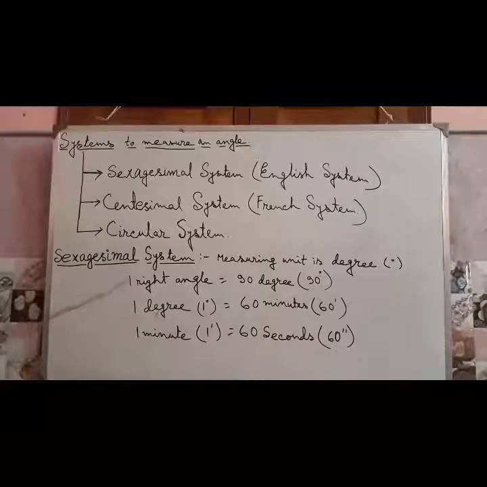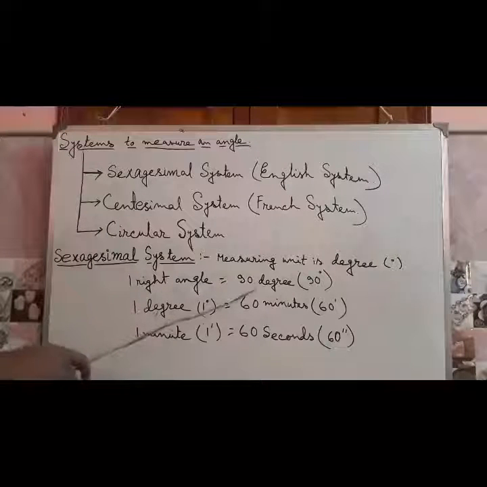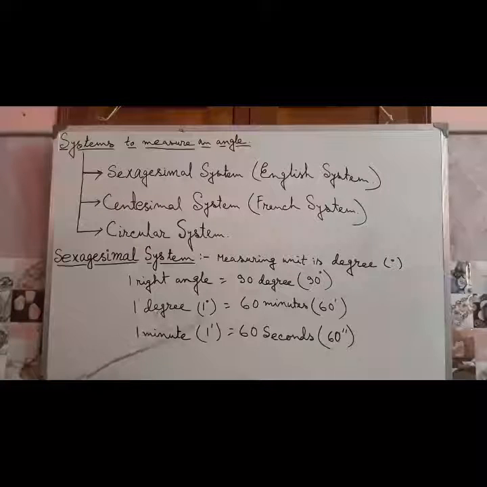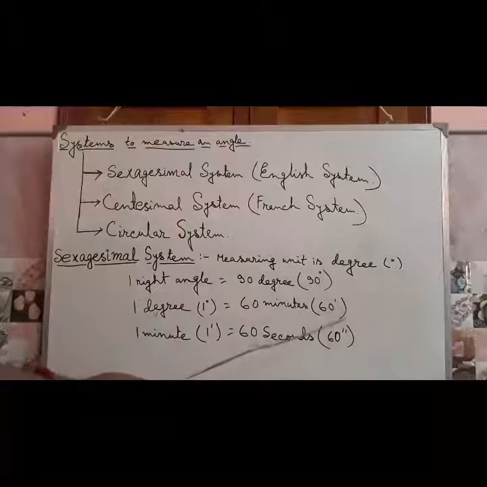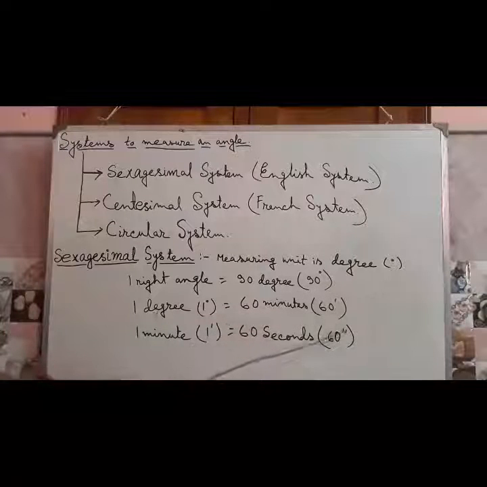This one right angle in this system is measured as 90 degree, and 1 degree is split into 60 minutes, and 1 minute is divided into 60 seconds. These are the symbols of degree, minute and second.